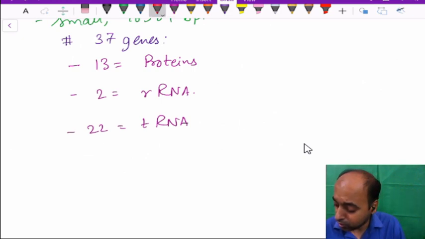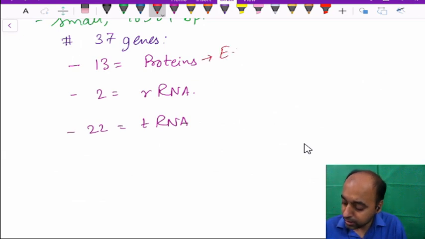Please note, all the 13 proteins belong to the electron transport chain.